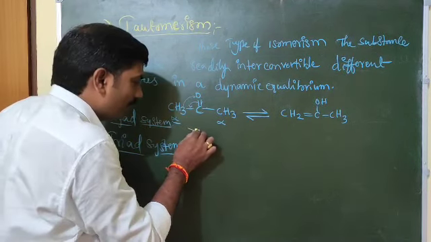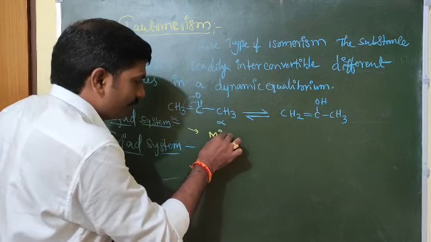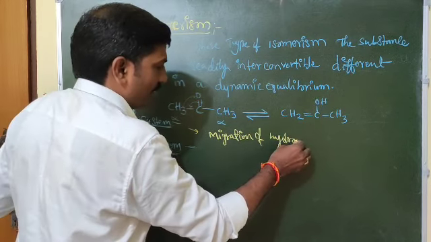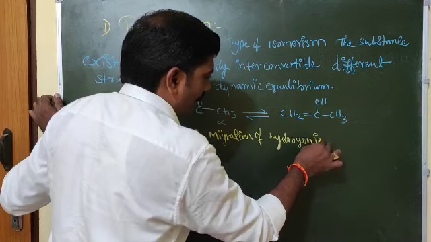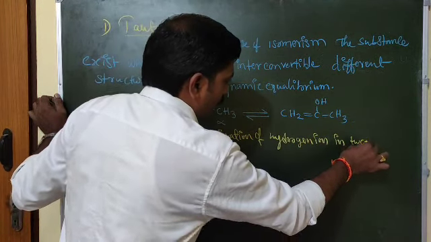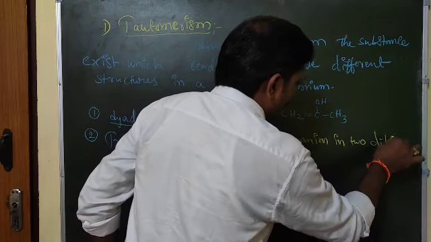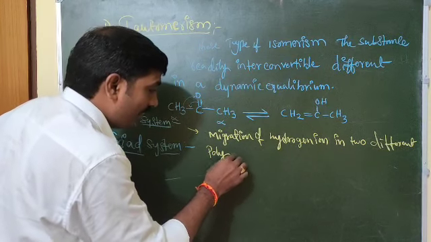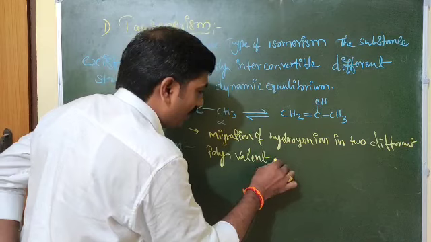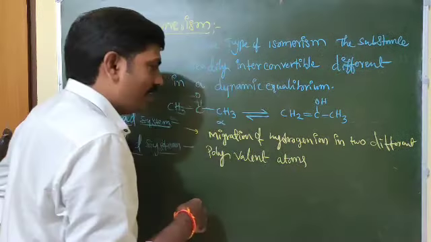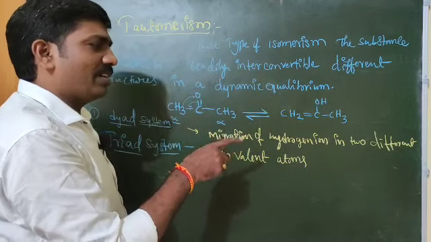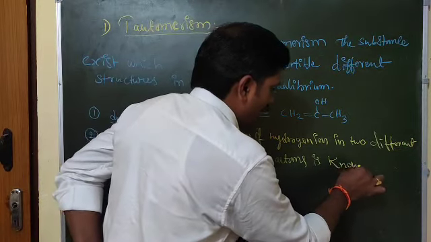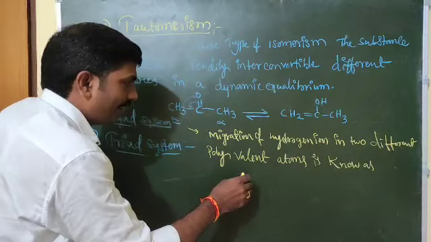In the diad system, there is migration or oscillation of a hydrogen ion between two different polyvalent atoms.